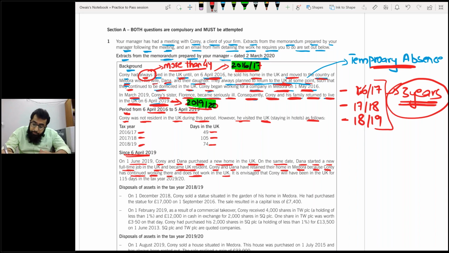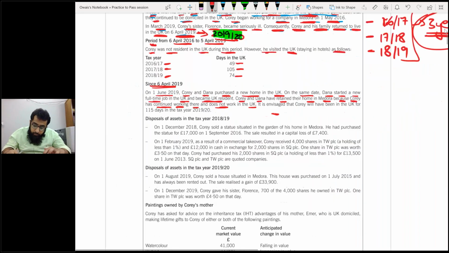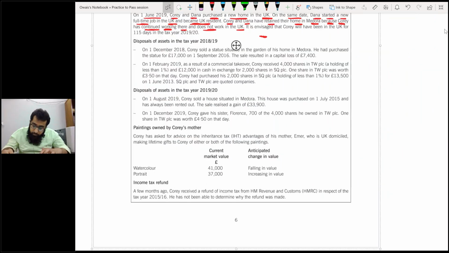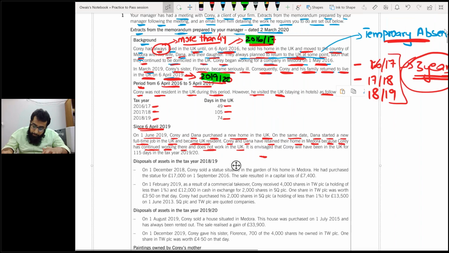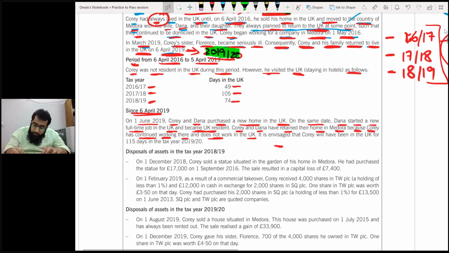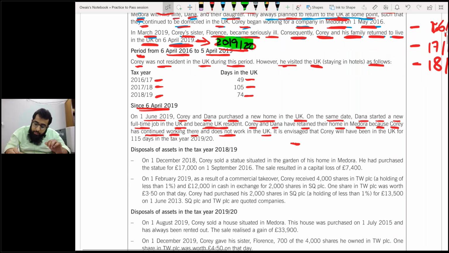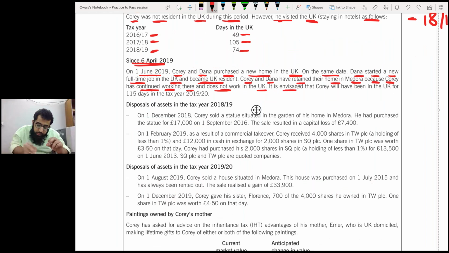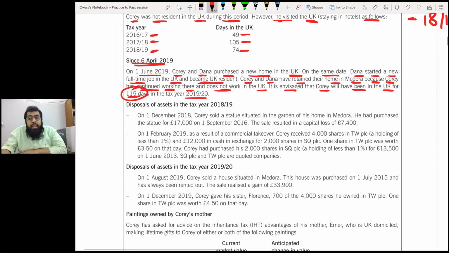It is envisaged that Corey will have been in the UK for 115 days in the tax year 2019/20.